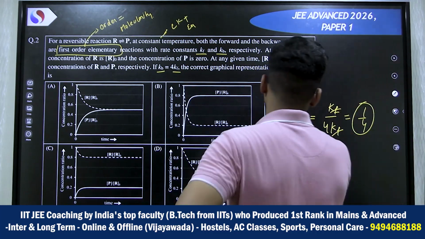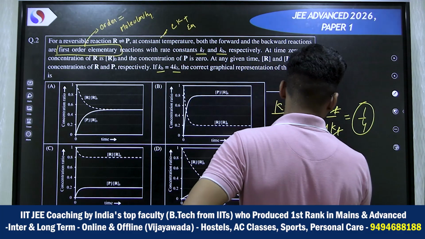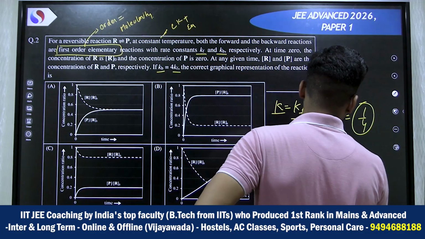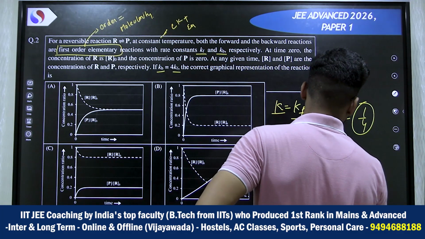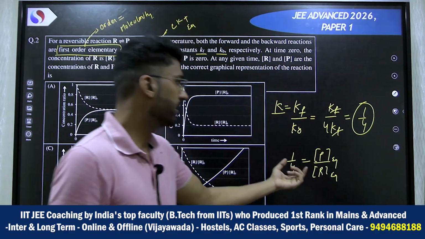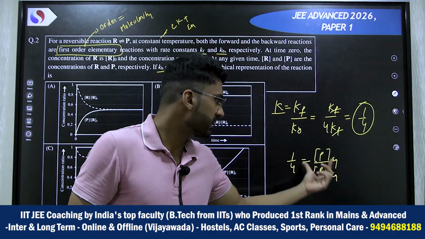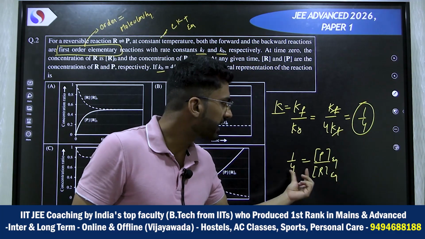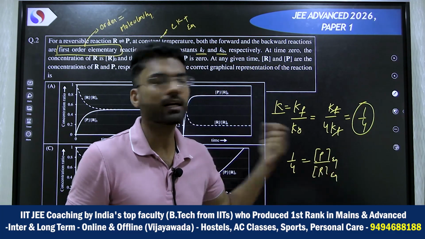So 1 by 4 is equal to the concentration of product over the concentration of reactant at equilibrium. What do you mean by this? It means the concentration of reactant is 4 times the concentration of product at equilibrium.